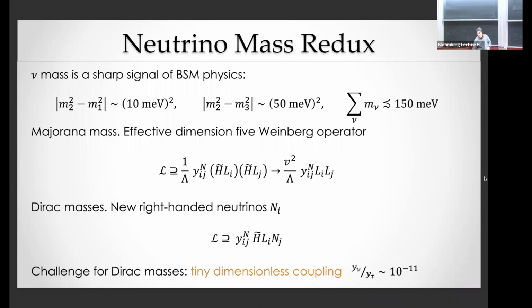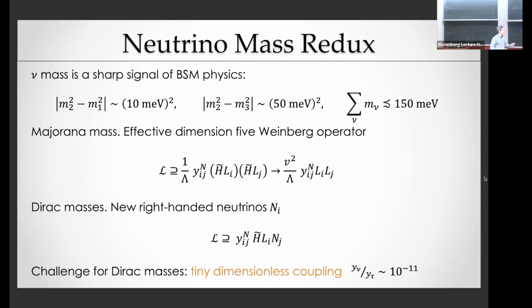Pure Dirac masses for neutrinos are somewhat more challenging from an effective field theory point of view. Here we're going to introduce new right-handed neutrinos, I'll call them N. These new right-handed neutrinos are going to get masses through the Higgs mechanism, just like other lepton fields. So we'll have this kind of coupling here with Y some Yukawa matrix.